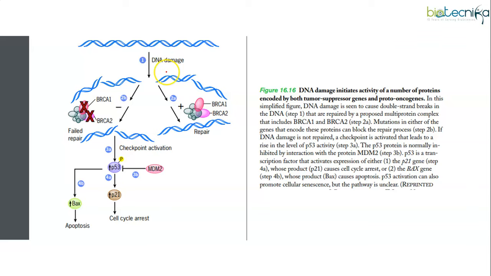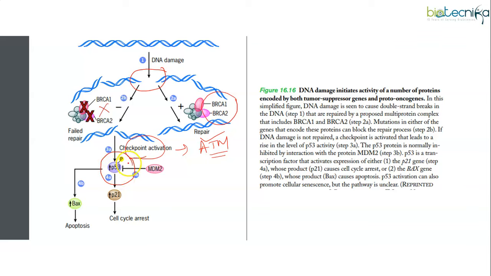Suppose we have a DNA damage, double-stranded DNA damage. So, if tumor suppressor genes are good, that means if they are well functioning, then they will help in the DNA repair. But if these two genes are mutated, in that case what happens? A checkpoint activation happens, wherein ATM kinase will be activated, which will go and phosphorylate the p53 gene.